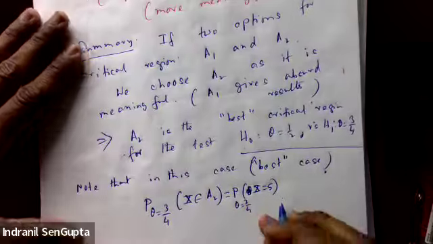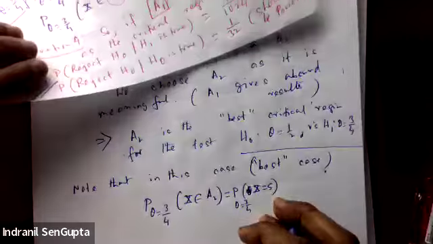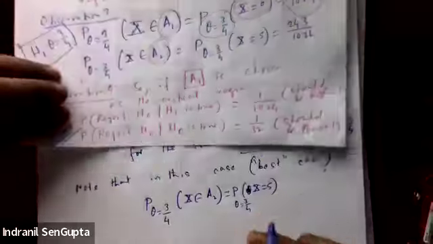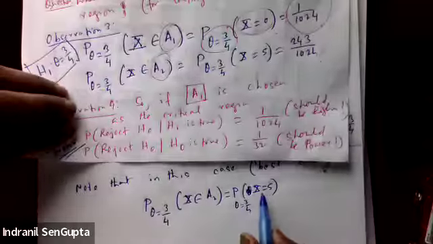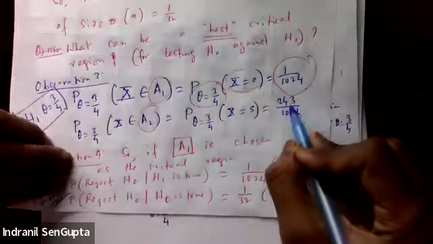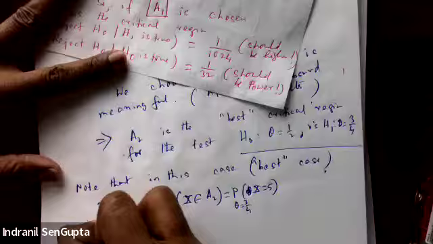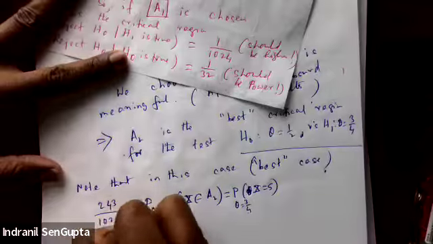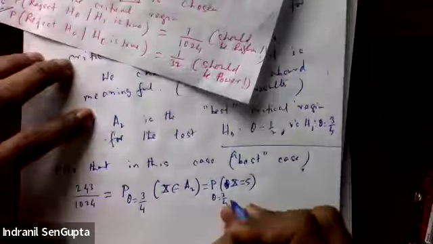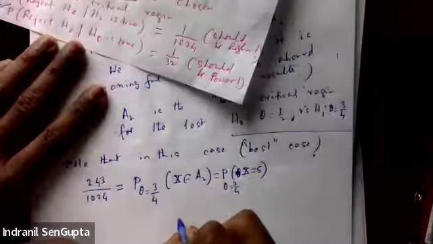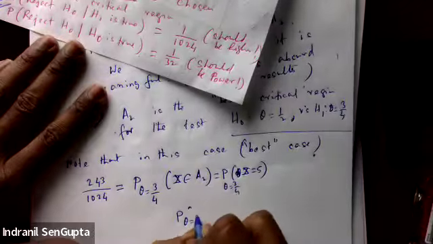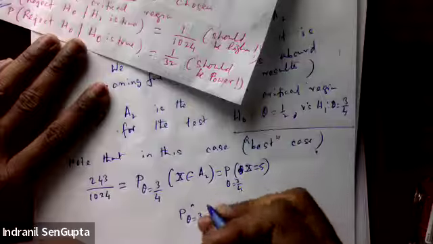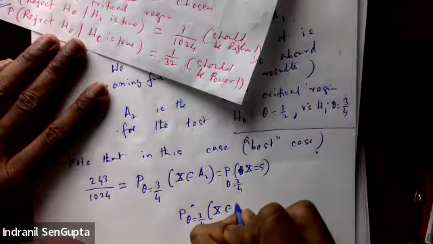What is this number? We have already found this number, right here. X equals 5, so it's 243 over 1024, right? So let's write it here, 243 over 1024. And I'll write the other one here: the probability of theta equals 3 over 4, X in A1.